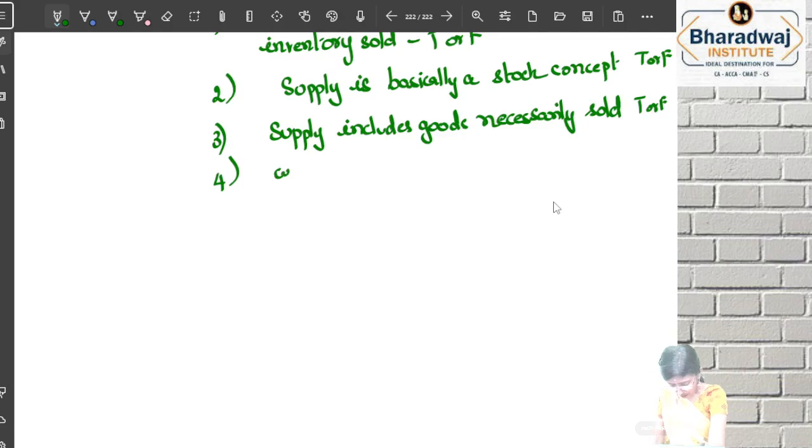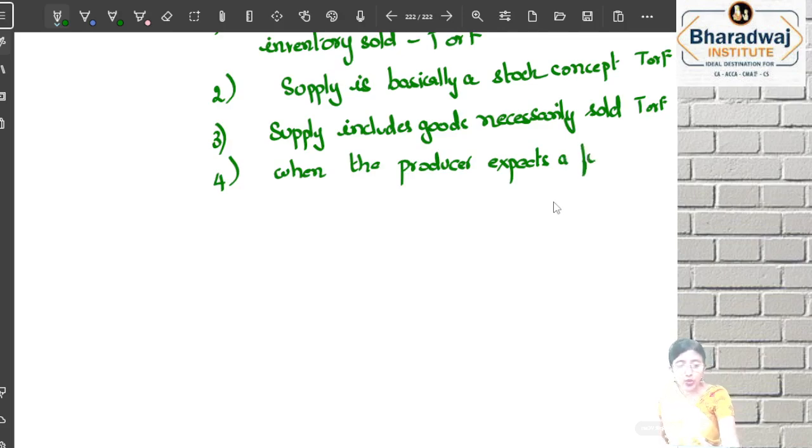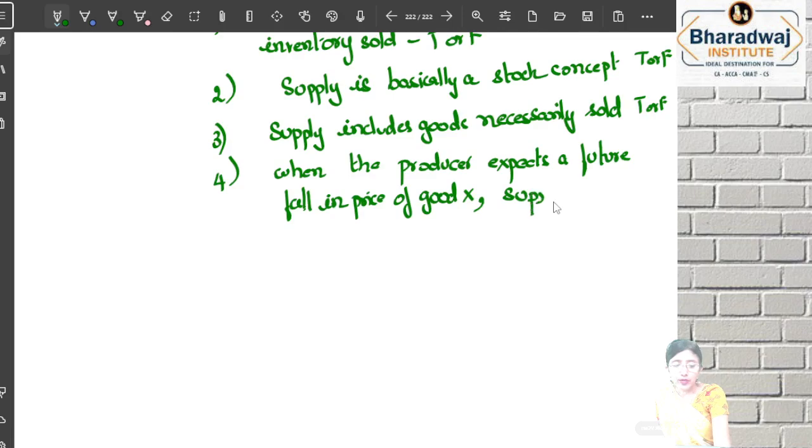When the producer expects a future fall in price of good X, supply will increase.